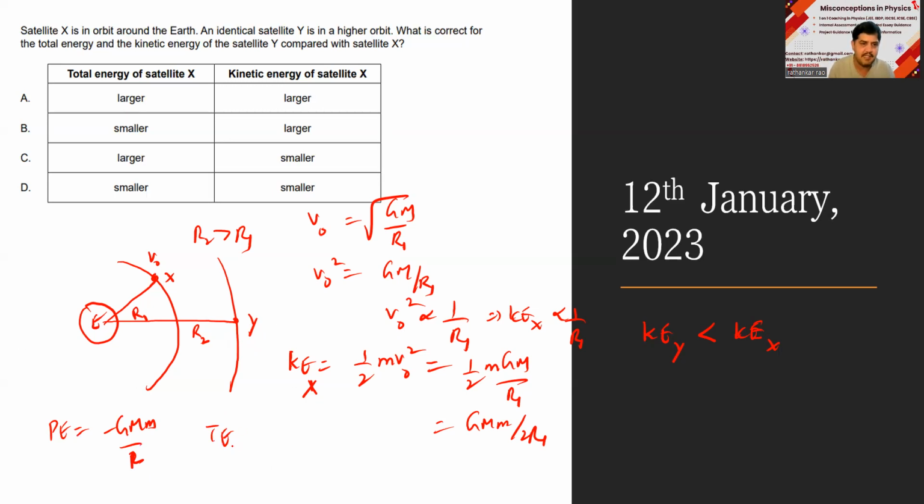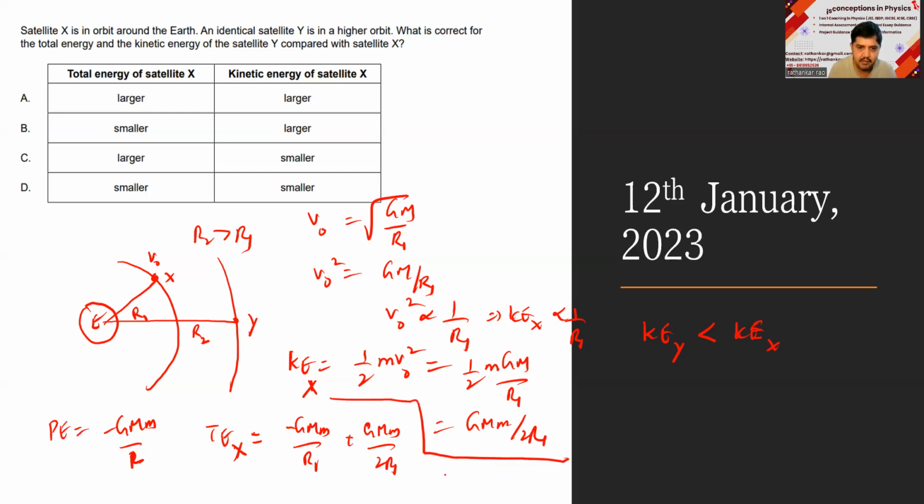Total energy of Y, okay, it is converted, it is given to kinetic energy. What we'll do is we'll write this for X only. Total energy of X is equal to minus GMm by R1 plus GMm divided by 2R1.